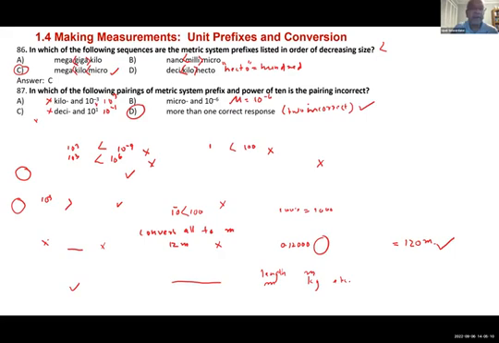More than one correct response. That's why I was looking at it. Deci is wrong. Micro is correct. Why did I say deci is 10 to the negative 1? Negative 1.